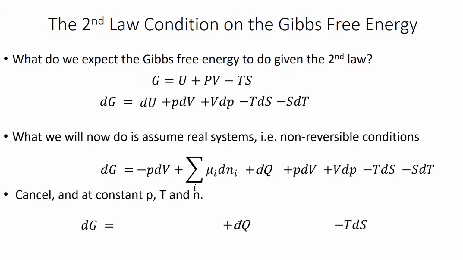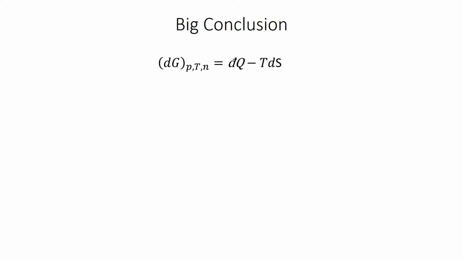All right. So what's going on? What's our big conclusion? Well, the change in the Gibbs free energy at constant pressure and temperature is equal to the thermal energy minus the temperature times the change in the entropy of the system.